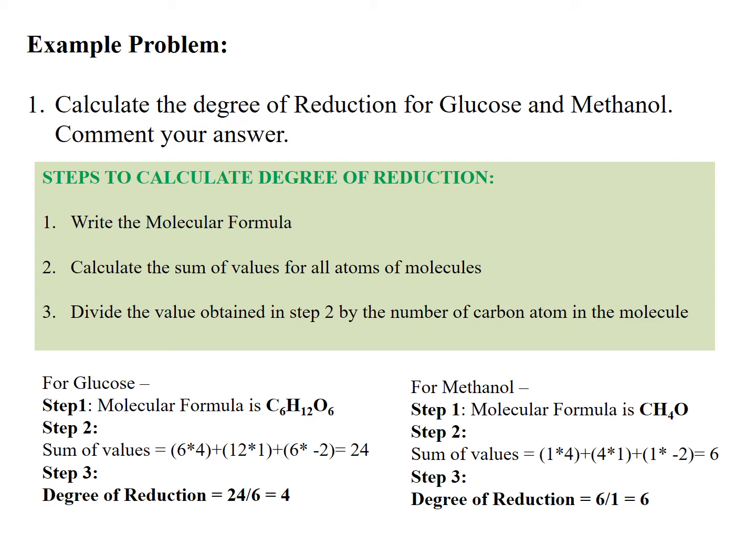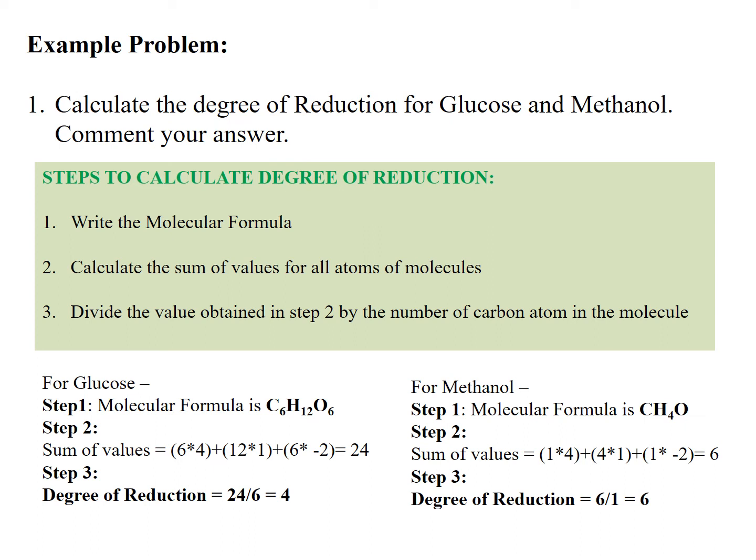In a few problems they will give it directly; if not, we have to remember the molecular formula and write it. The second step is to calculate the sum of values for all atoms of the molecule. The third step is to divide the value we got in step 2 by the gram atom of carbon in the respective molecule. So consider the example.